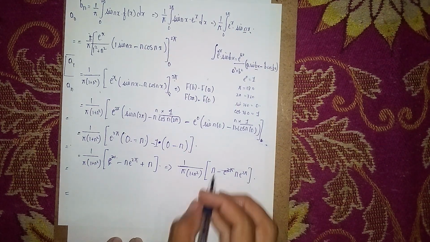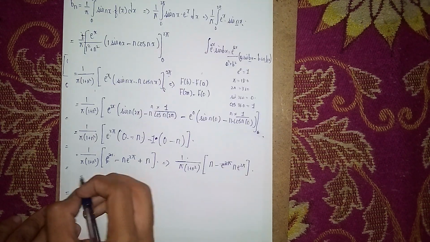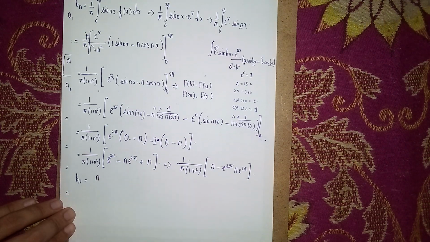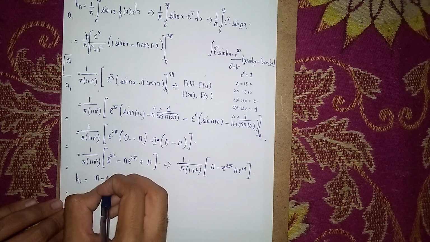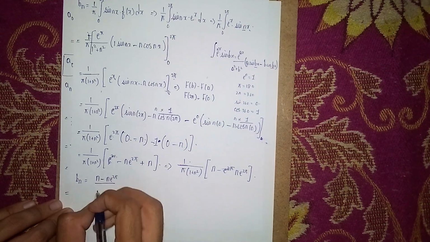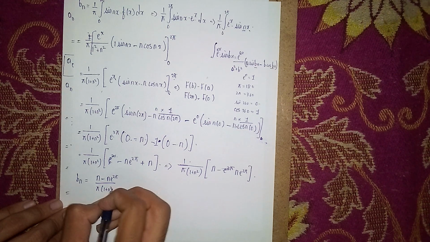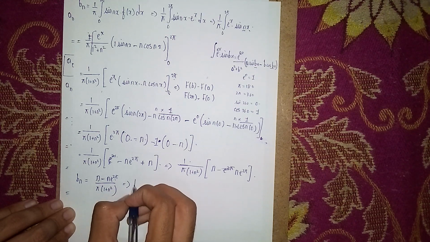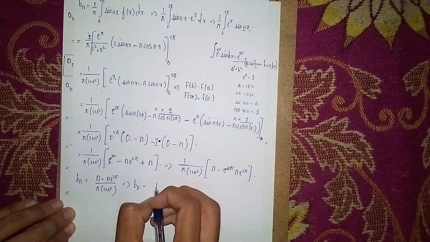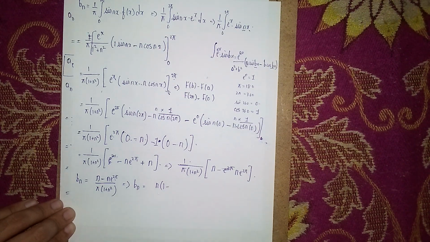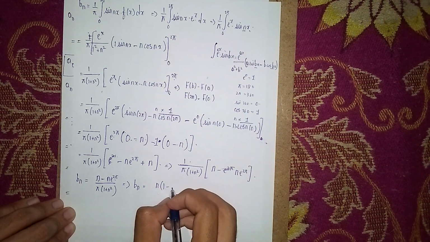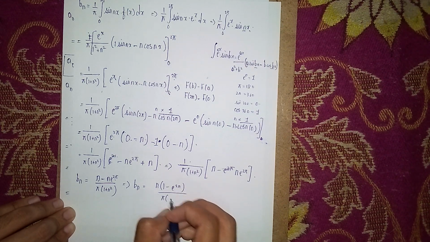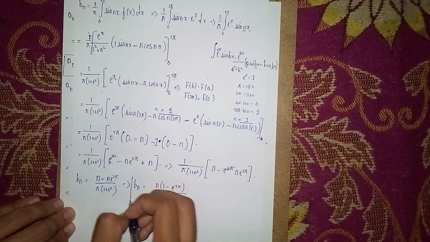Then send this to the numerator, so our bn value, now we are coming to the third step, bn value is n into n minus n into e power 2 pi by pi (1 plus n square). Now you can take common here also. So our bn is equal to, taking n as common, n into (1 minus e power 2 pi), and if you multiply you get the same, e power 2 pi by pi (1 plus n square). So we found our bn value.